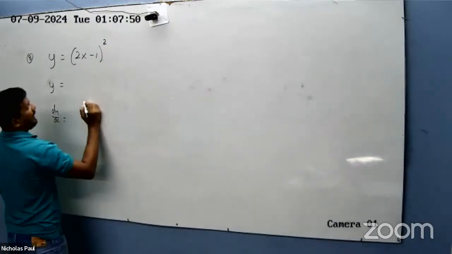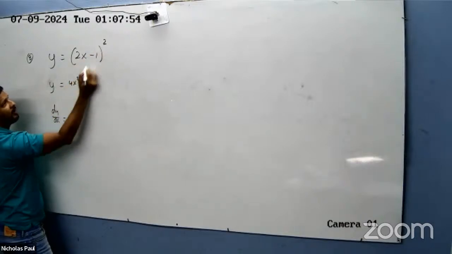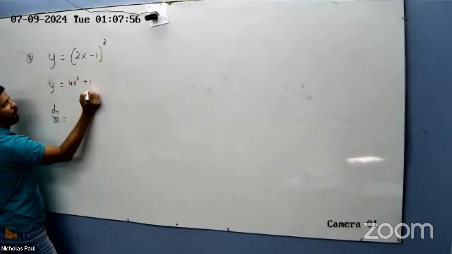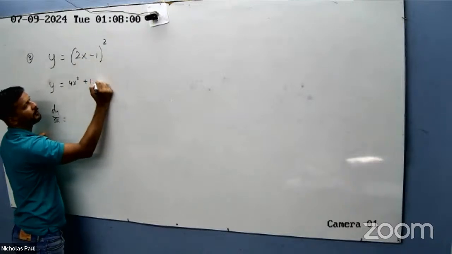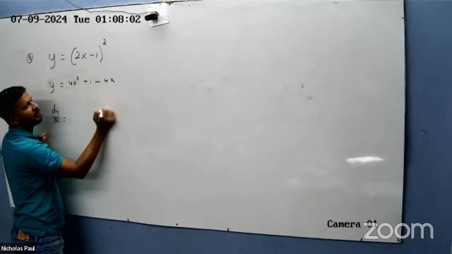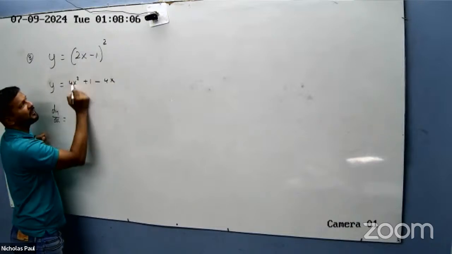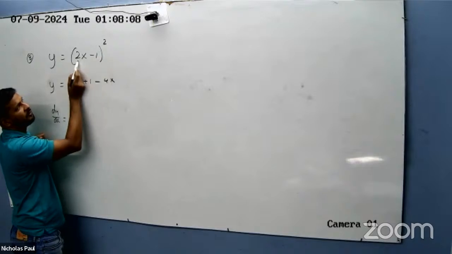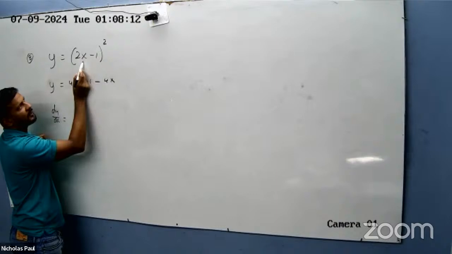Right? Let's see how you expand it. 2x squared is 4x squared, minus 1 squared is plus 1, and then you multiply minus 1 by 2x, which is minus. Remember that shortcut? This squared, and then 2 by this. Minus 1 by 2x is 2x, multiply by 2.